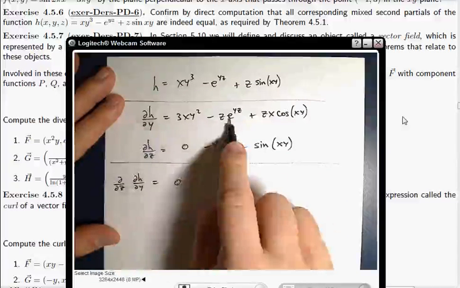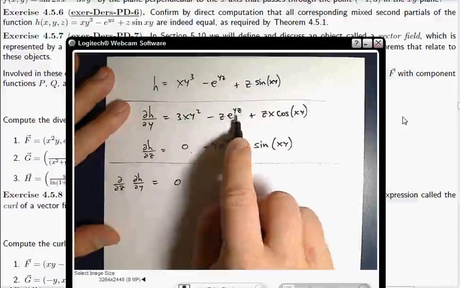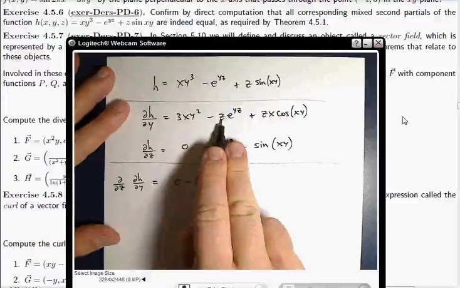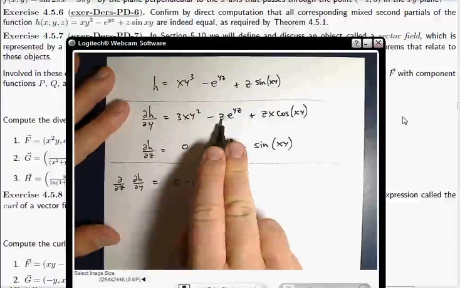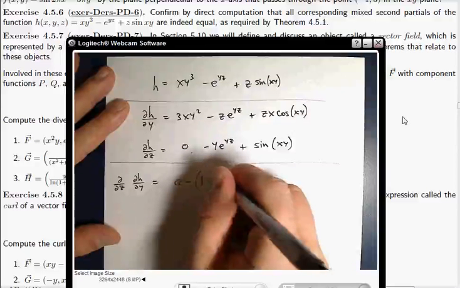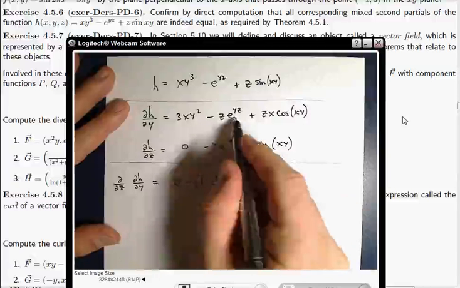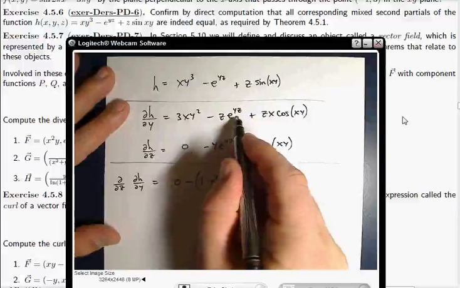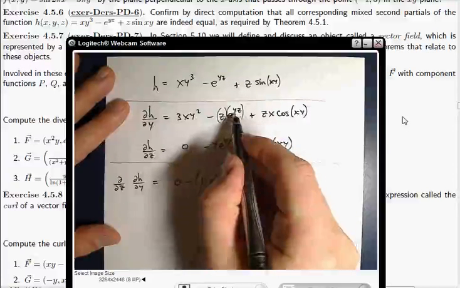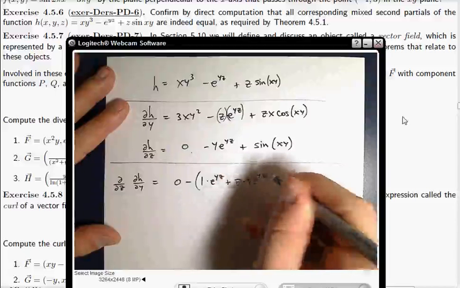The z partial of this next term, we've got to use the product rule because it is a function of z, with z's in it also. So I'm going to have two terms. First, putting the derivative there, the z partial of z is 1, and then I have e to the yz. Then I have z times the z partial of e to the yz; again, y is a constant, so I get y e to the yz.